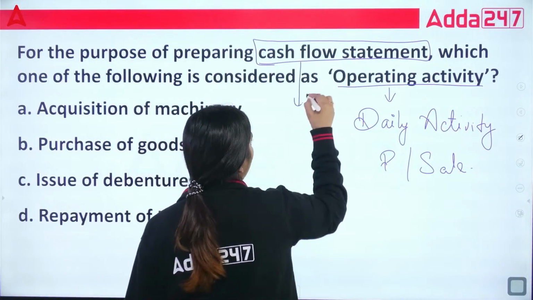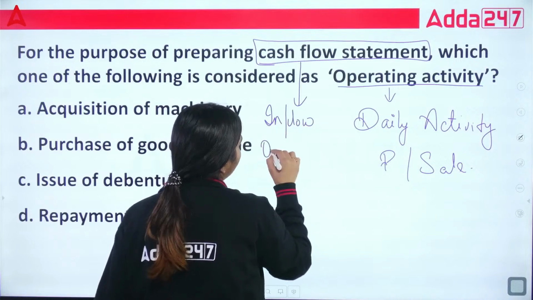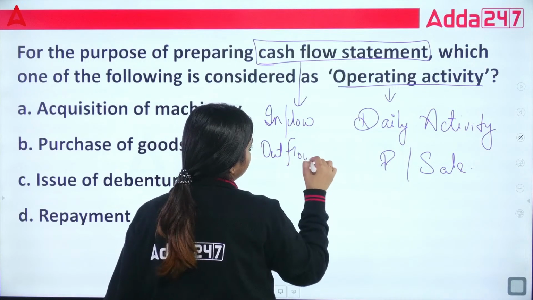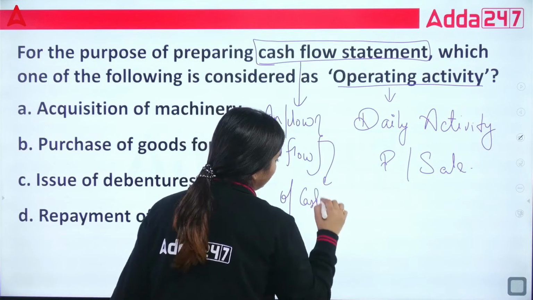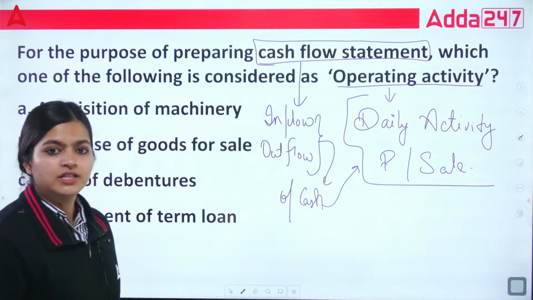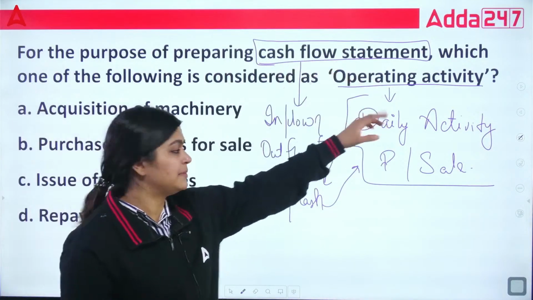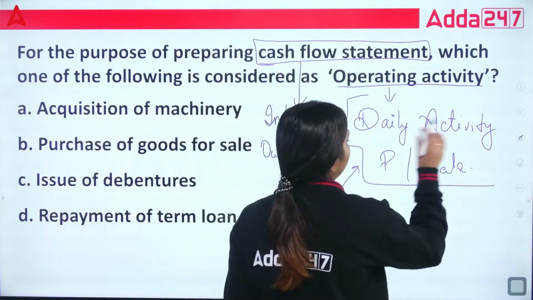So cash flow talks about the inflow and outflow of cash. Okay? Cash flow statement talks about the inflow and outflow of cash, and operating activity talks about daily activity, purchase, sale type of activities.